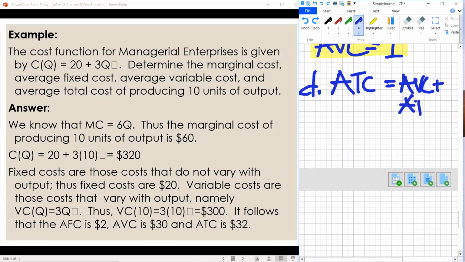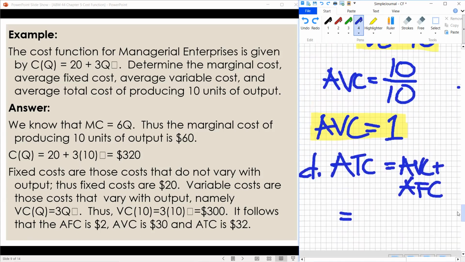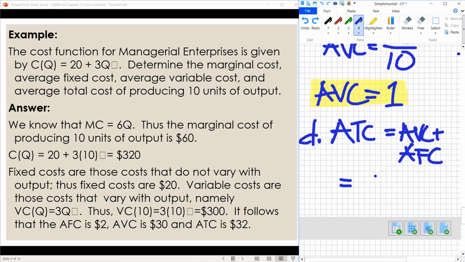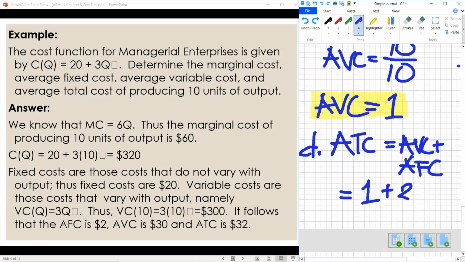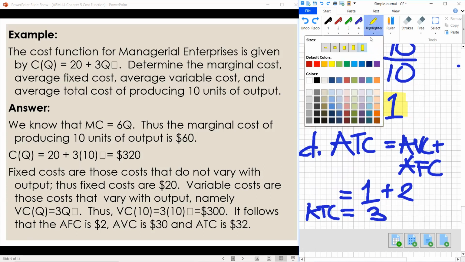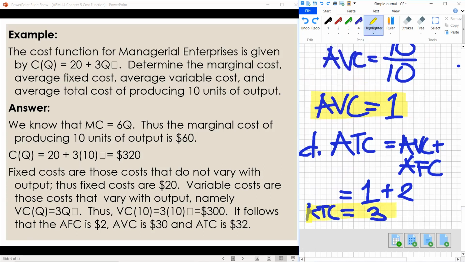So we have average variable cost of 1 plus average fixed cost of 2. So that means our ATC is equal to $3. So this is the answer for letter D, the average total cost.